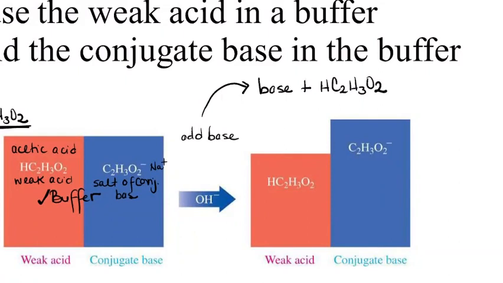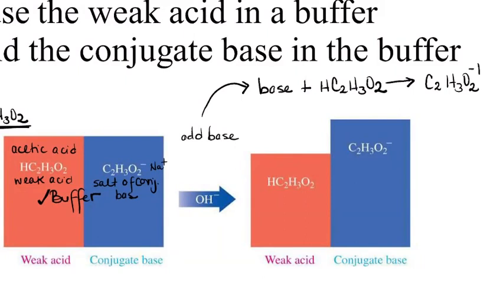HC2H3O2, and the product of that reaction is going to be that the weak acid acts as an acid and it gives the base a hydrogen. So the product of this reaction is that we're going to make C2H3O2-1. So that's why we see in the right side of the arrow that now our concentration for the C2H3O2- is larger compared to the weak acid.